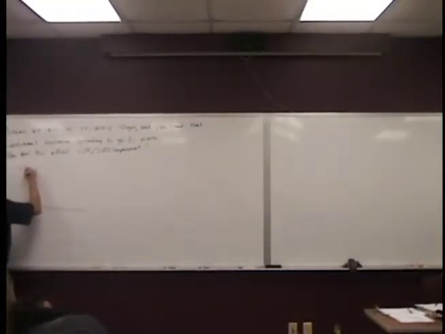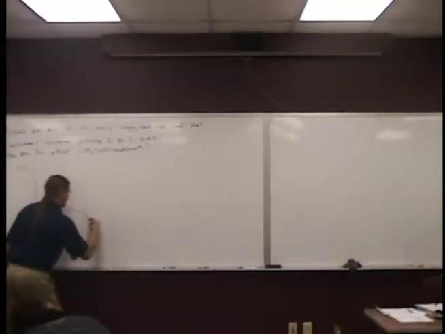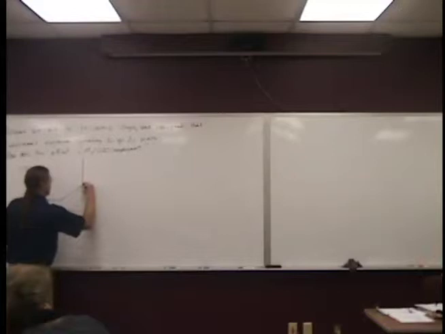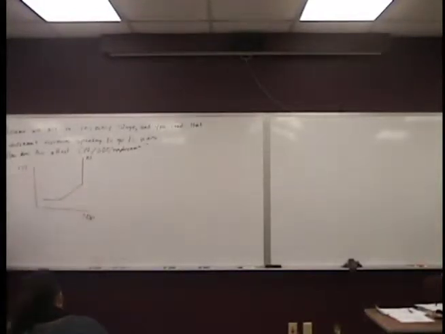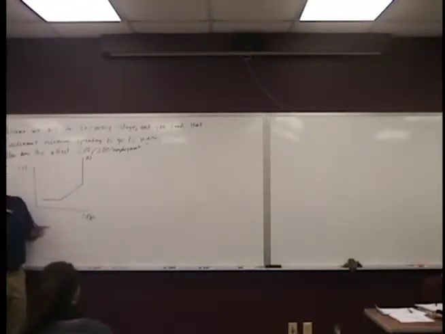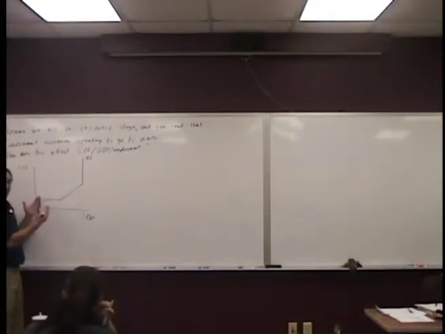So, start with your aggregate supply curve. Where am I going to put aggregate demand? In the intermediate stage. Does it matter where on the intermediate stage you put it? Not really, but it might, based on what ends up happening.